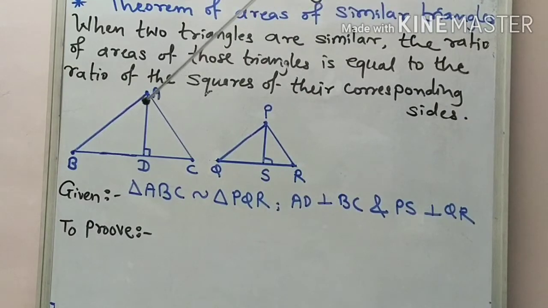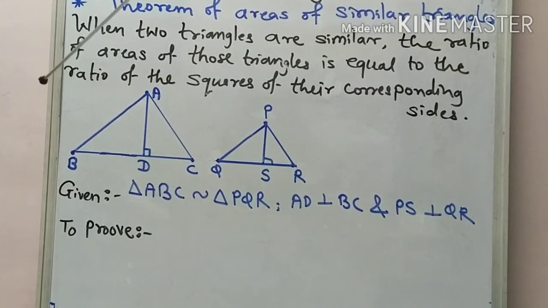So for triangle ABC and triangle PQR, according to the one-to-one correspondence, the corresponding side of AB is PQ, of BC is QR, and of AC is PR. And you have to write that the ratio of areas of these two triangles is equal to the ratio of squares of their corresponding sides.